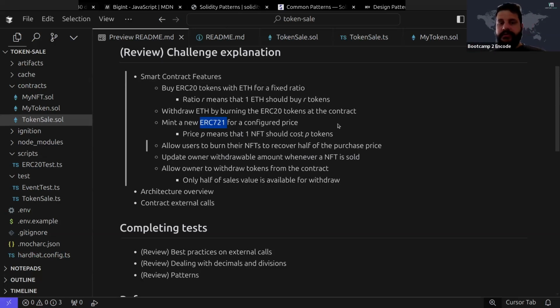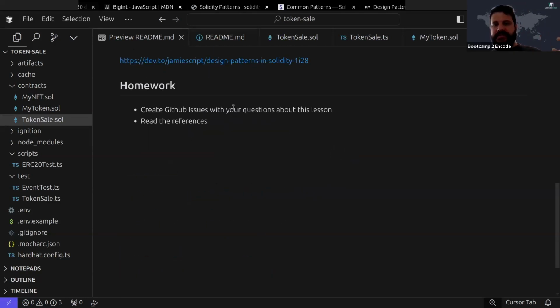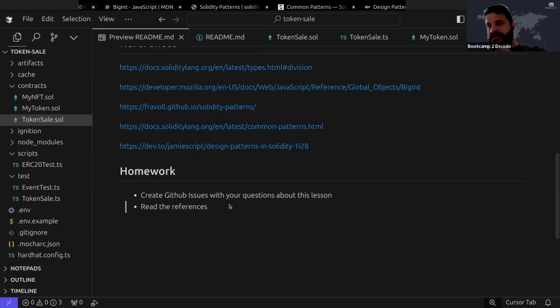And that concludes for today. If you want to complete this testing, you don't need to do that by tomorrow. Tomorrow we are going to do another smart contract, tokenized ballot. So if you want to complete it at home later, feel free to ping me with any kind of problems that you might be facing, on GitHub issues, on Discord, or anywhere that you find better for us to collaborate.